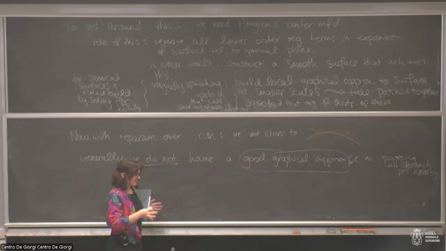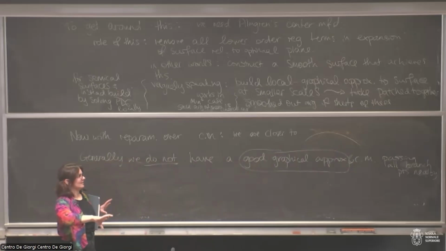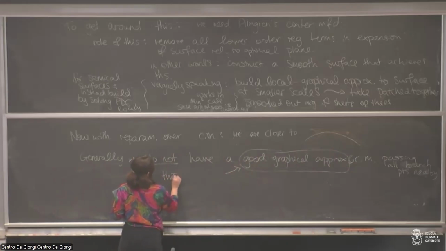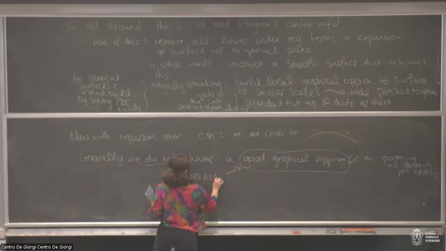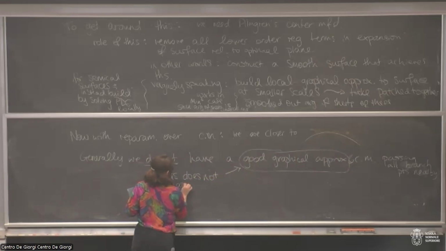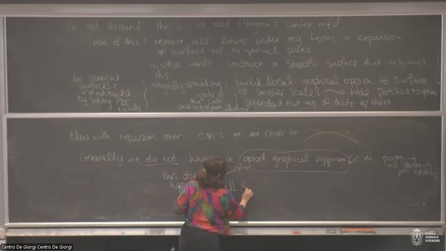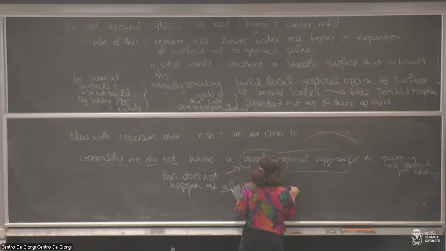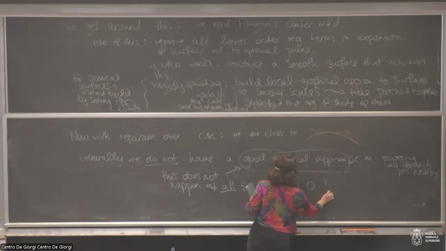So if you think like this happens at the largest scale, the starting scale, where you knew that your surface was close to a plane, already this does not happen at all scales as we take R going to 0, right?